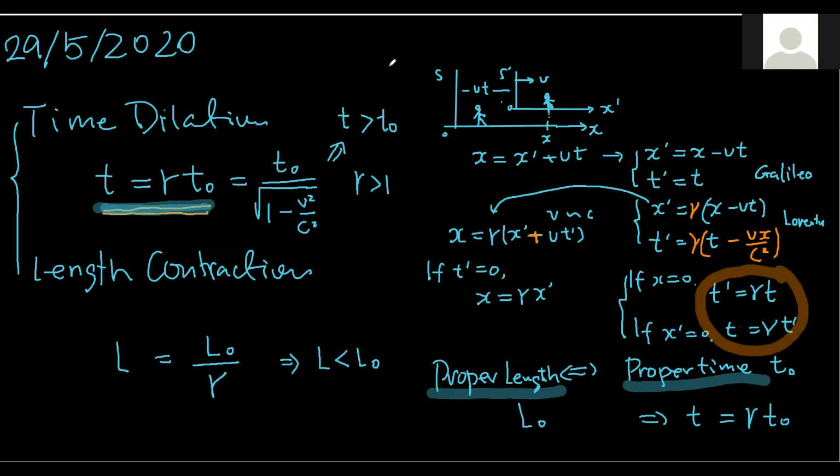For the observer traveling with this frame, the time is t0. But for the other observer, they will conclude differently, and they will say the time is not that time.